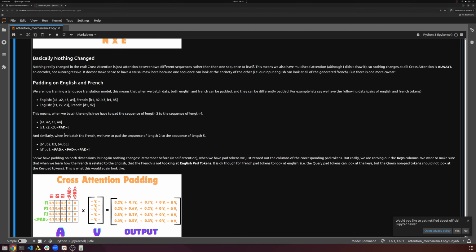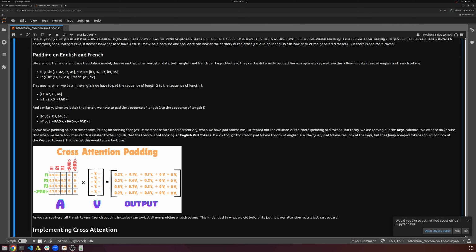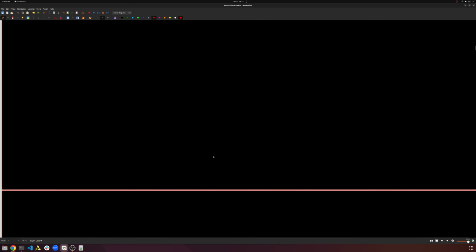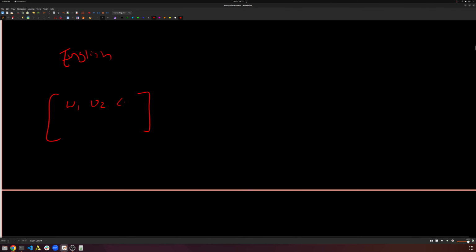So nothing changes. The other thing is padding. You can imagine that we need to batch our tensors together. So we're going to have some English tokens: word 1, word 2, pad. Word 1, word 2, word 3. Word 1, word 2, pad. When we take our English sentences and concatenate them together, we're going to have some padding tokens, because every English sentence is of a different length.